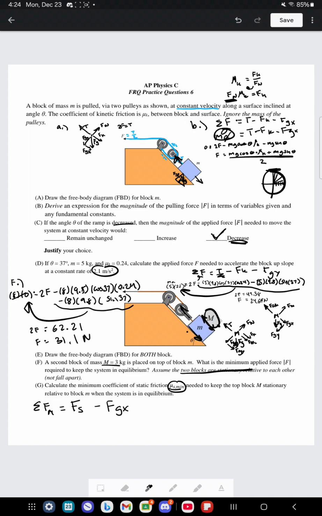and we know that this is MA equals mu S times Fn minus Fgx, which we know is mg sine of theta.